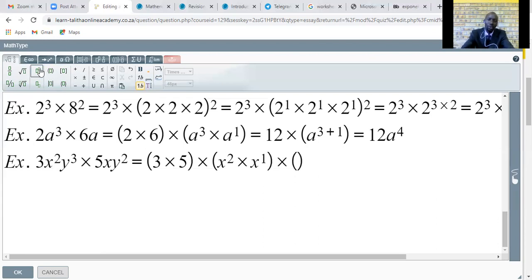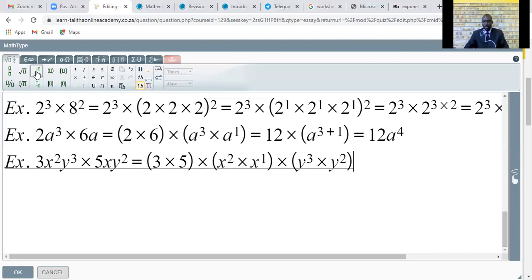Now we move to Y. The first Y value has an exponent of 3. This first Y value is used to multiply another Y value, which has an exponent of 2. Yes. Now we have done the grouping.